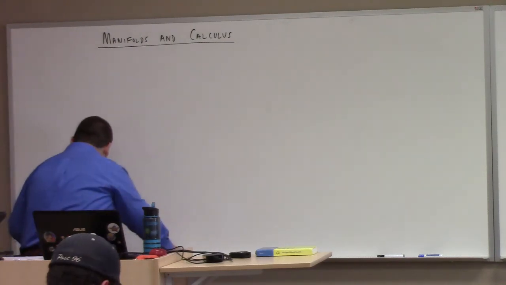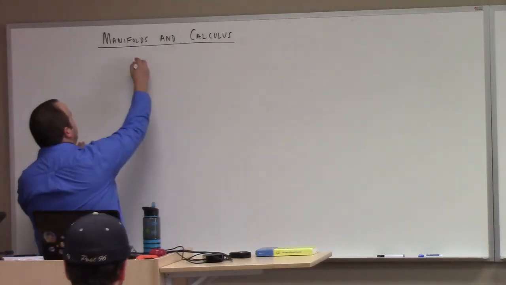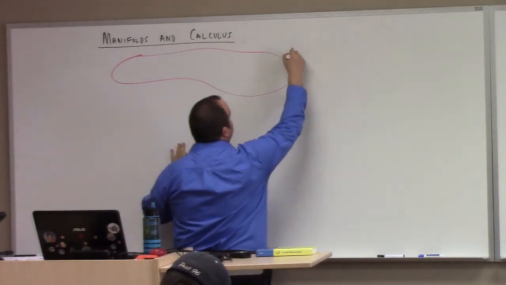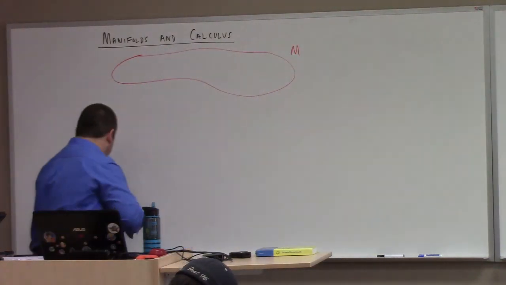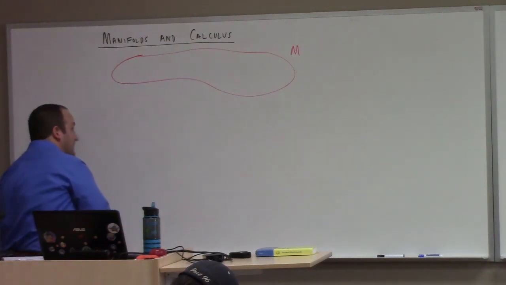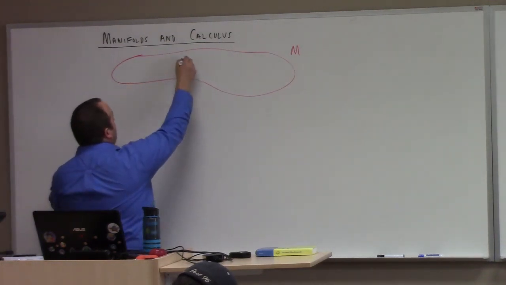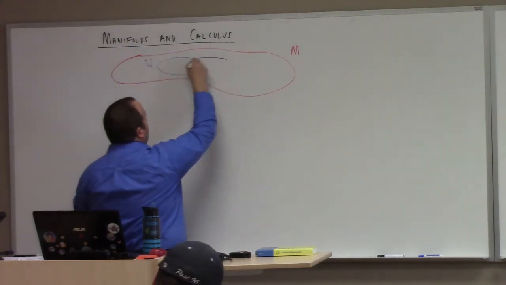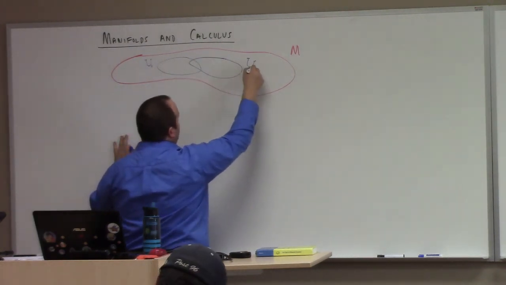So a manifold is some sort of abstract set, say M, all right? And on this manifold, there are sets, say U1, and over here is U2, something like that.